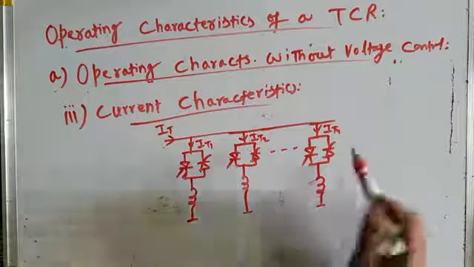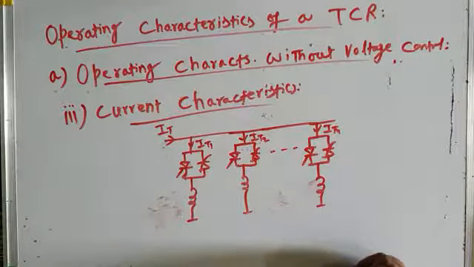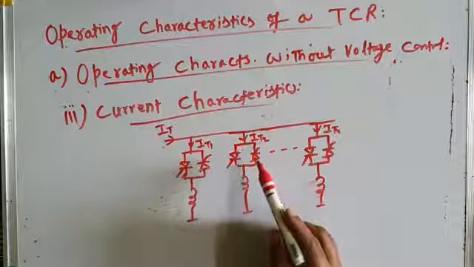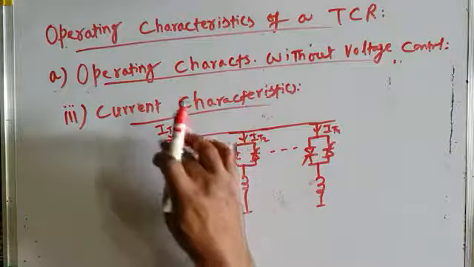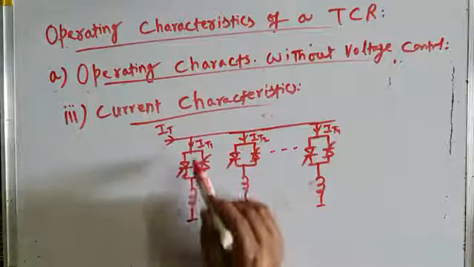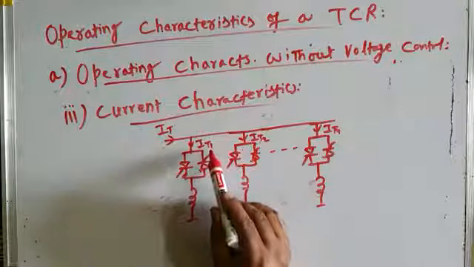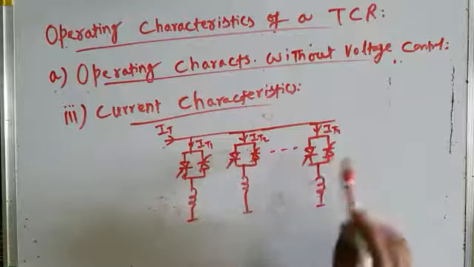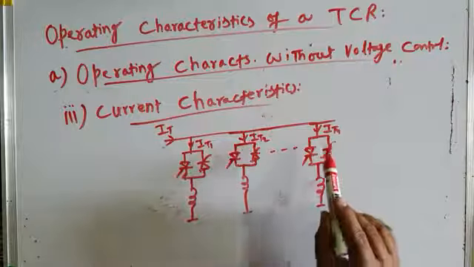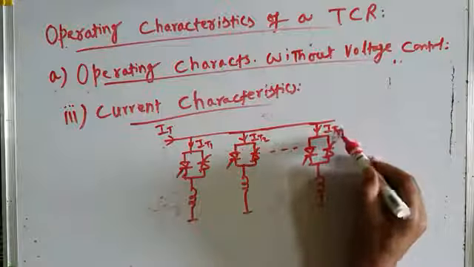We would like to know the branch currents as a function of the total SVC current. If this is the total SVC current, I would like to know how much branch current is drawn by this TCR, that's IT1. Similarly, what are IT2, IT3, and so on up to ITN.